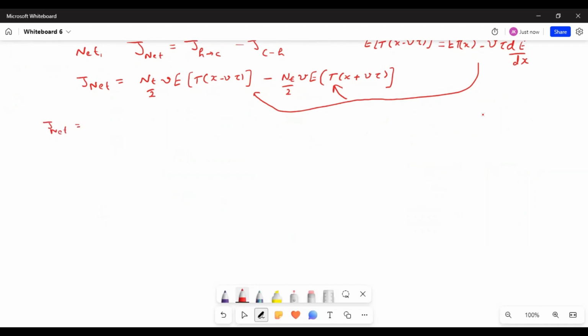J net will be n tau V by 2, it will be dE by dx, minus V so dE by dx.